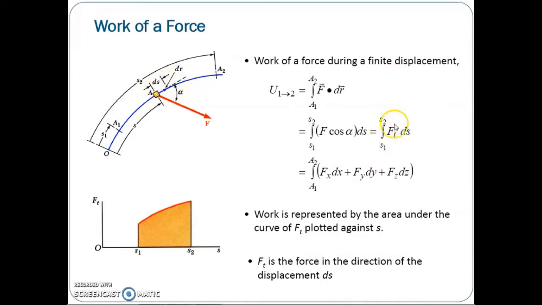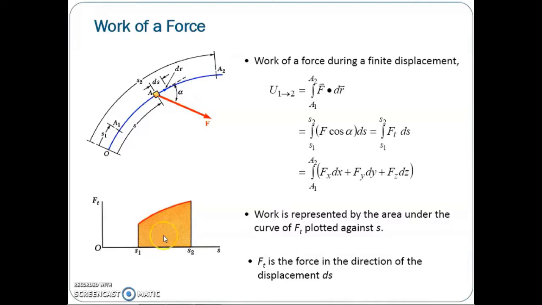Taking the integral of Ft ds from s1 to s2 will basically give us the work of a force from position 1 to position 2. And if we plot the curve of Ft against s, then the area under this particular curve will be the work of the force from position 1 to position 2.